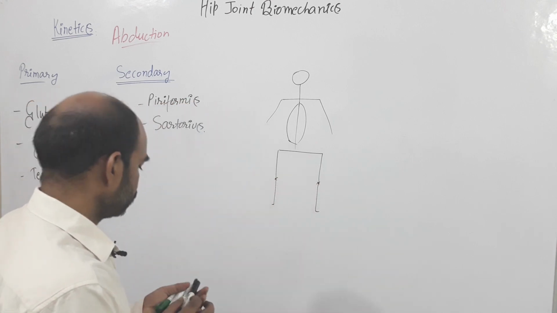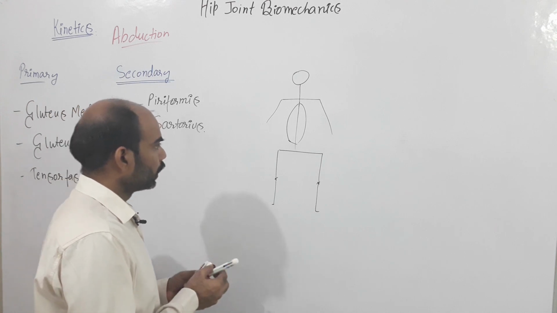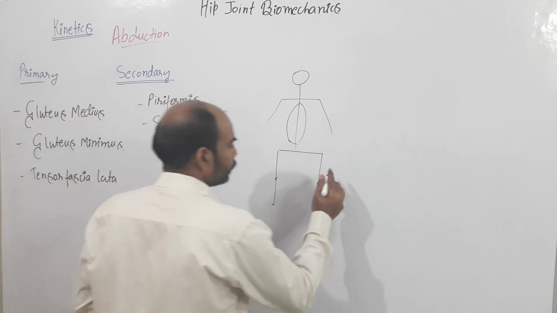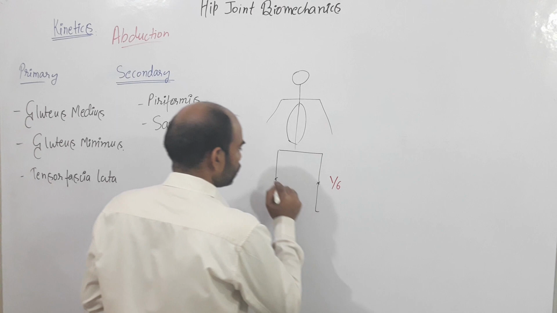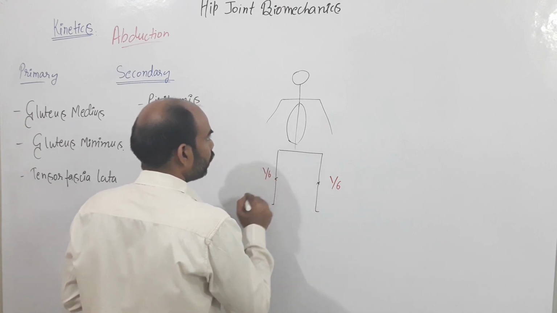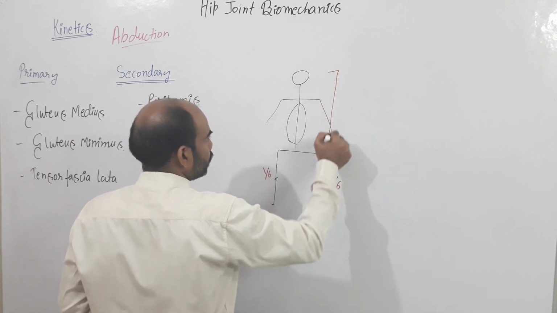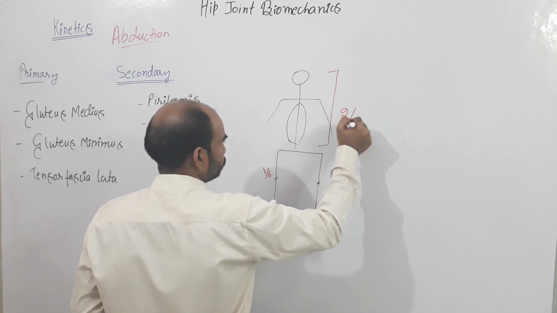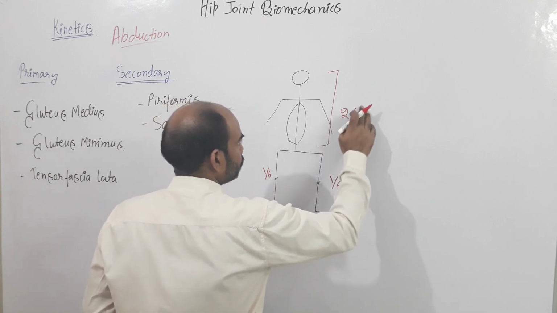In bilateral stance, the weight of one lower limb is 1/6, the other side 1/6, and the weight of the upper body is 2/3.